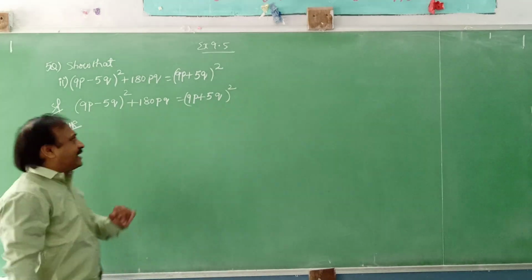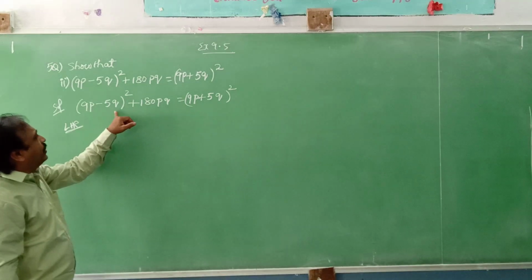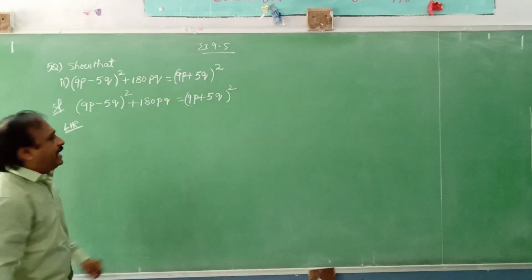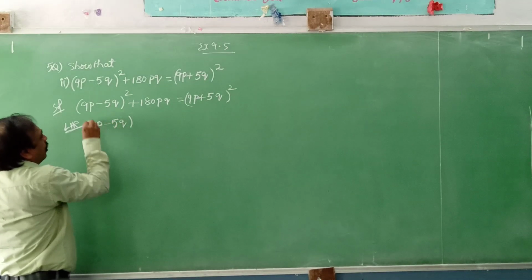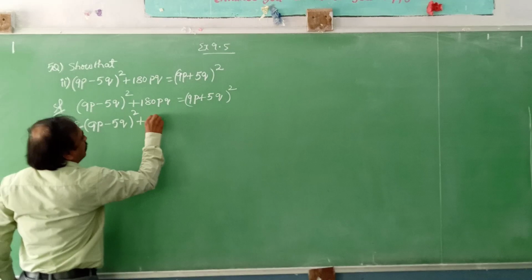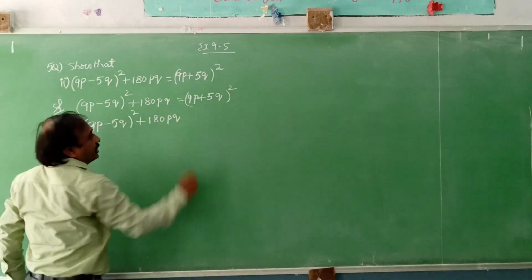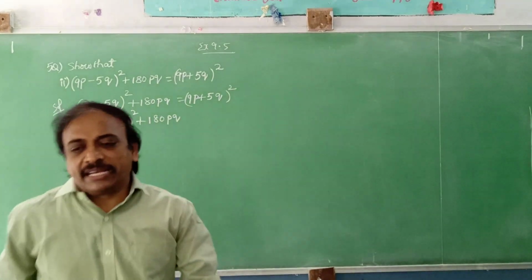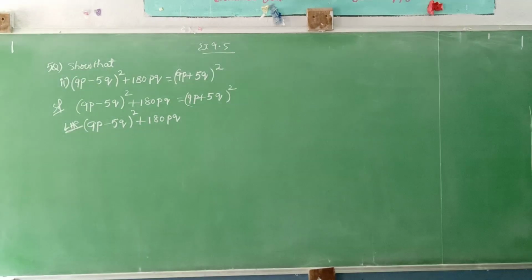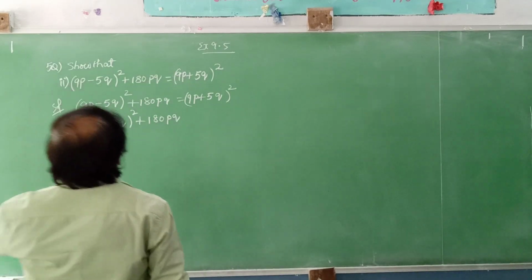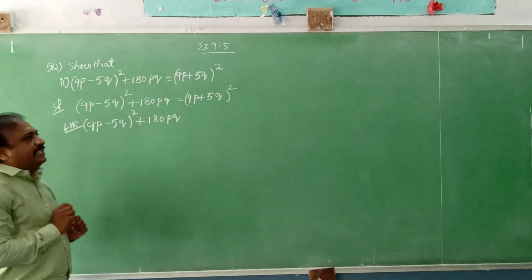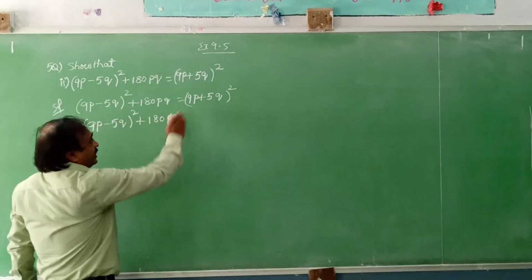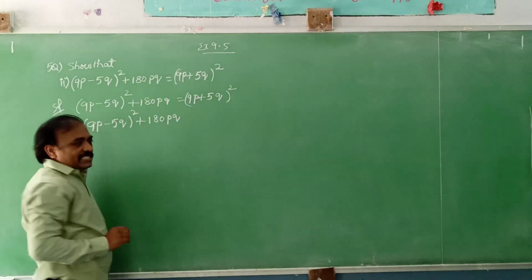What do we have on the left hand side? (9p minus 5q) whole square plus 180pq. This is the LHS part. When you simplify this, you have to prove LHS is equal to RHS.